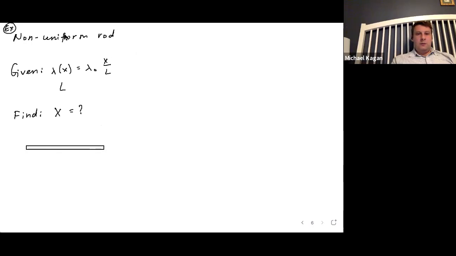If you were to draw the graph, lambda of x versus x, some function like this. So the density increases to the right, and that's where we expect the center of mass to be. Any wild guesses as to where it is precisely?